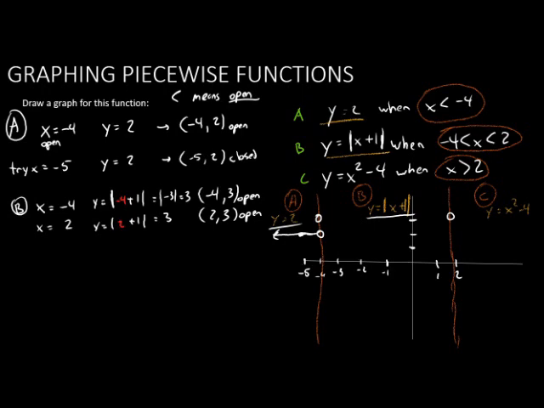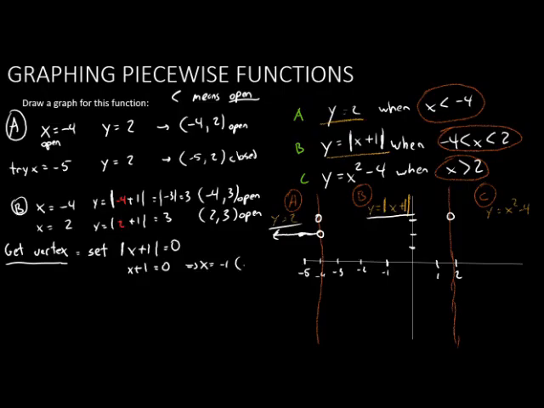Now, since I have an absolute value function, let's also get the vertex. If you watched my previous video, in order to get the vertex, we're going to set the inside of the bars equal to 0. Therefore, we're going to say x plus 1 equals 0. And if we solve that, we will end up with x equals negative 1.